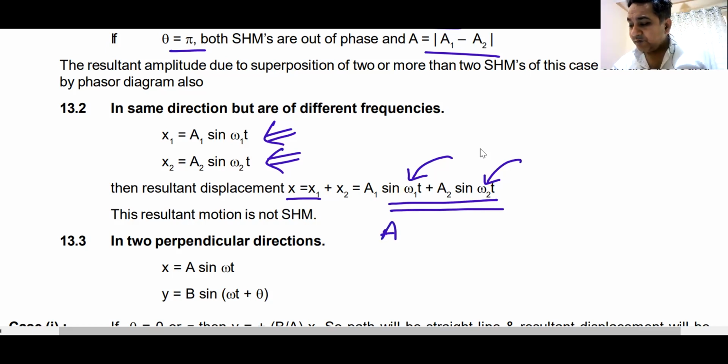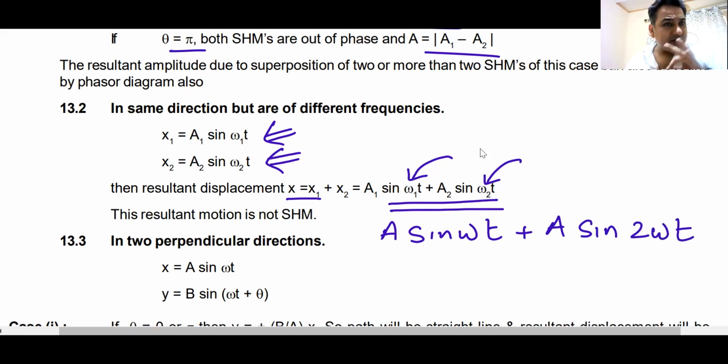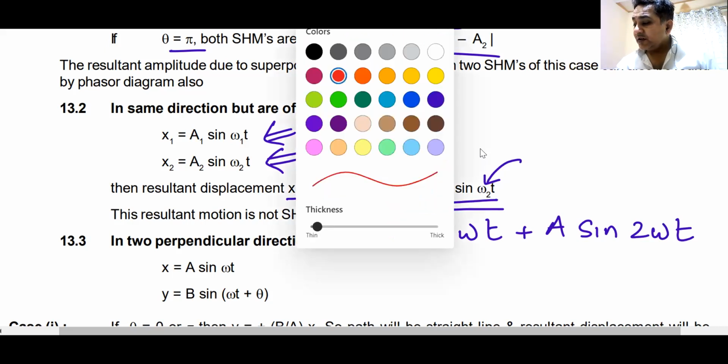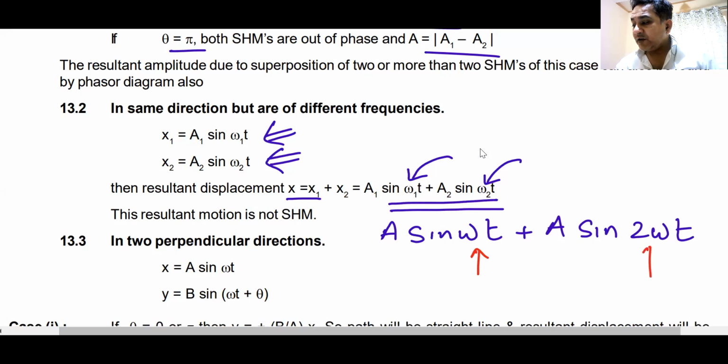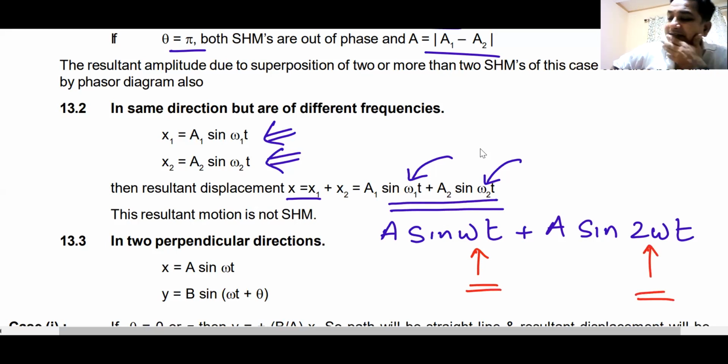For example, if one motion is a1 sine omega t and the other, with the same amplitude, is a1 sine 2 omega t, can this be an SHM? What is your answer? Not SHM. The addition cannot be SHM because these two SHMs do not have the same frequency. So the resultant is not an SHM. Am I clear?